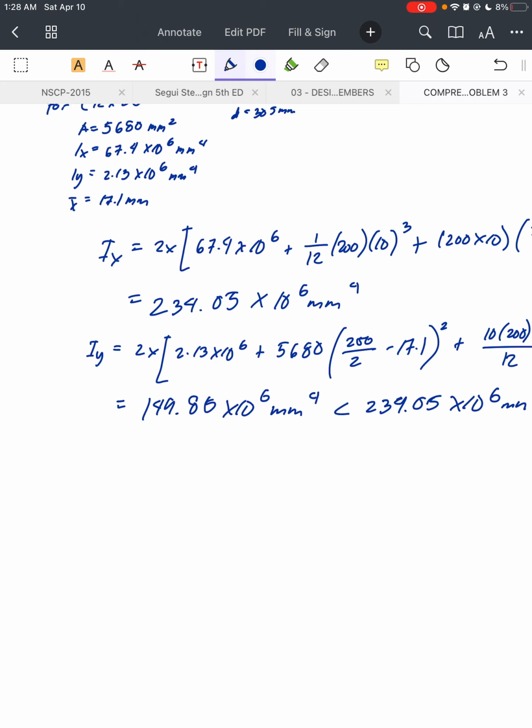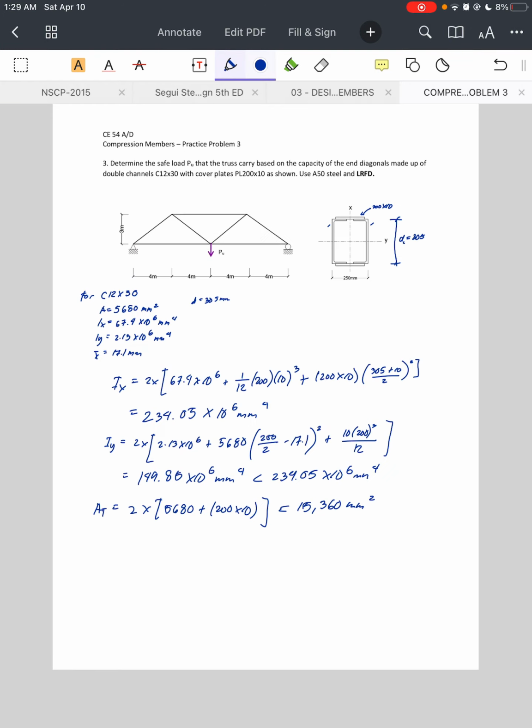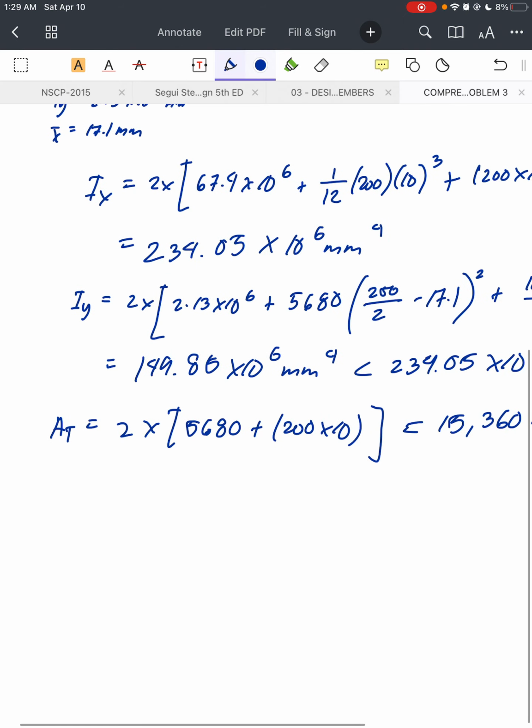Before we compute for the r, let's compute first the total area of the cross-section. So A sub T is equal to 2 times 5,680 plus 200 times 10, which gives 15,360 mm squared. Now we have a value for the I and a value for the A, so we can compute for the radius of gyration, r.